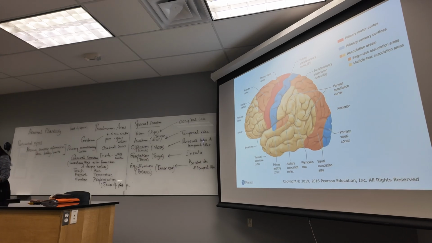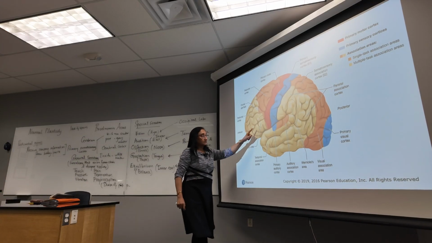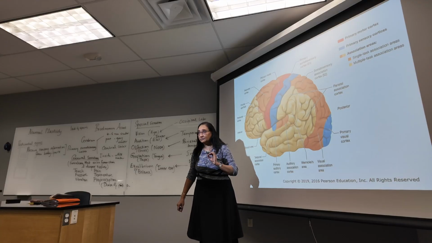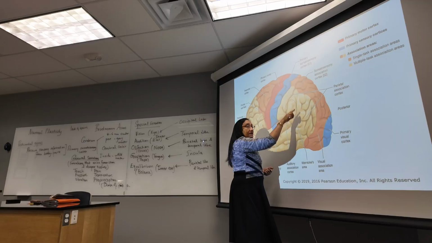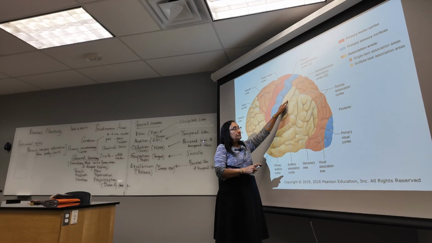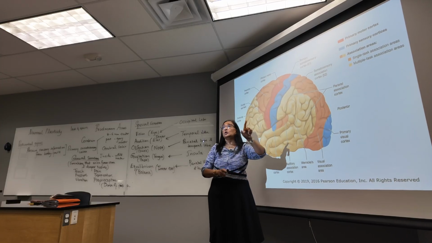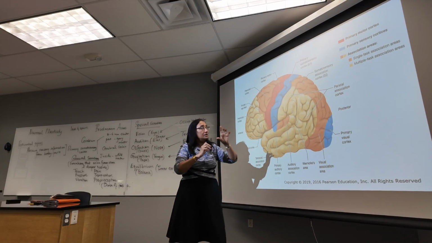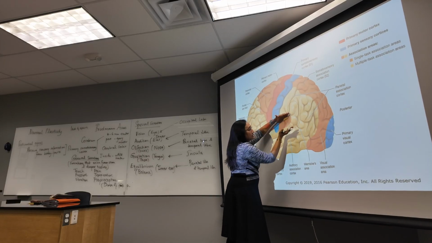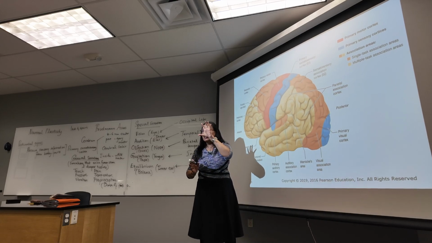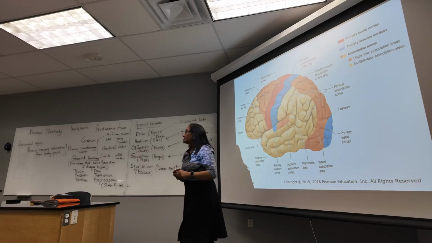Okay, and then another thing that I also want to highlight. Now, I told you about Broca's area. This is the motor speech area. Now, there is another region encompassing part of the parietal lobe, part of the occipital lobe, and part of the temporal lobe. It is the junction between the parietal lobe, occipital lobe, and temporal lobe, and this region is called Wernicke's area.